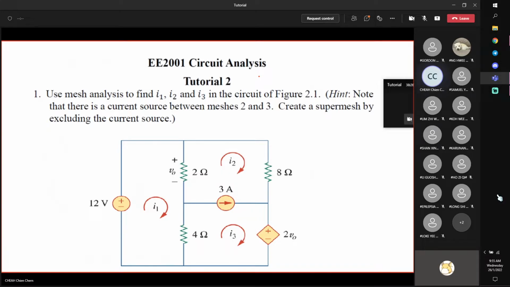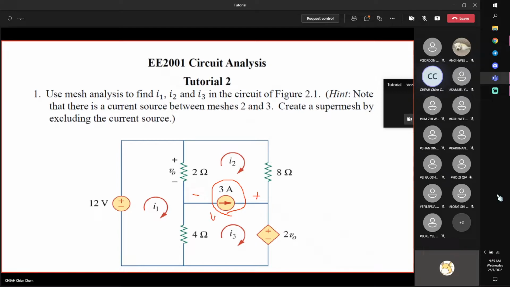Okay, let's look at this circuit. Firstly, over here there is a current source. As I said, a current source just means that the voltage is not known.